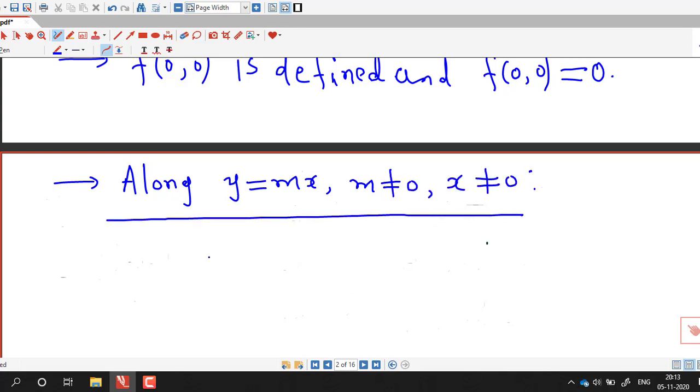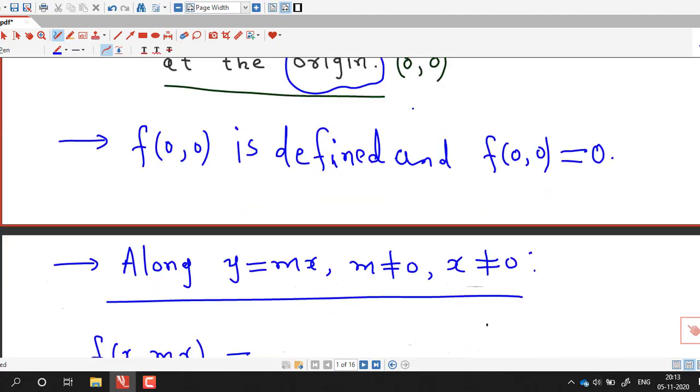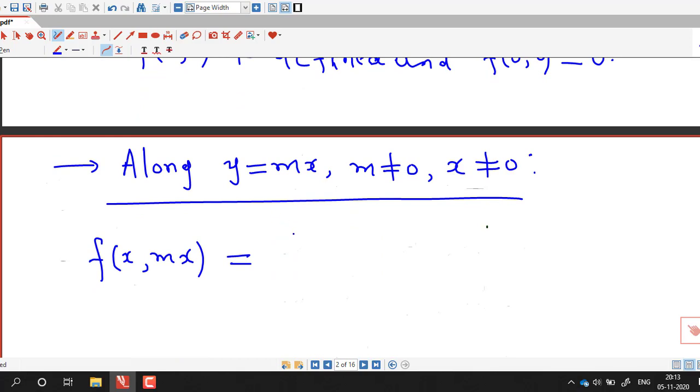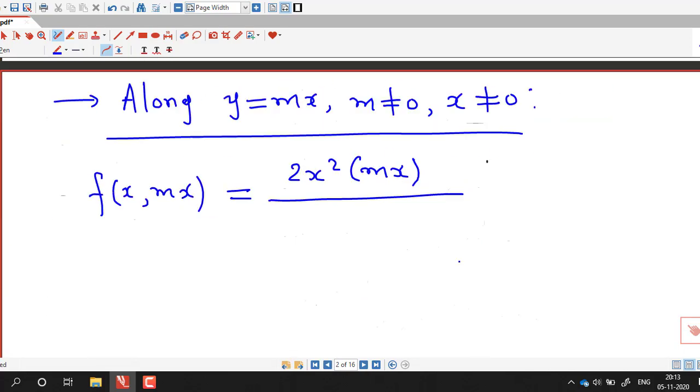We check what our function becomes along these lines. So we put y equal to mx in this function. Function is 2x²y, and y we will replace by m times x, so 2x² times mx. In the denominator we have x³ plus y³.